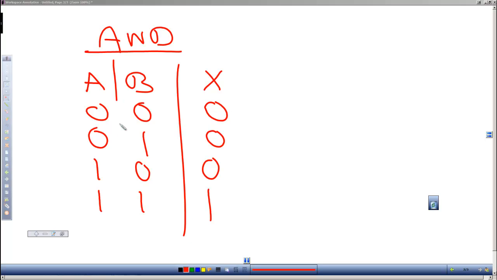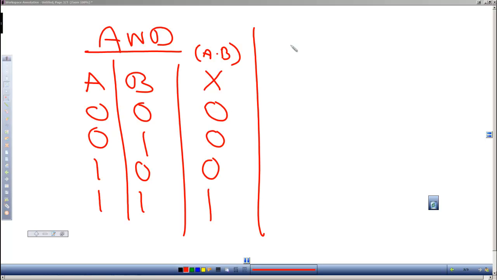Here was A, B and X, where in this case X is A and B. But maybe instead we had an output, call it Y, where Y is A and B NOTed or inverted.